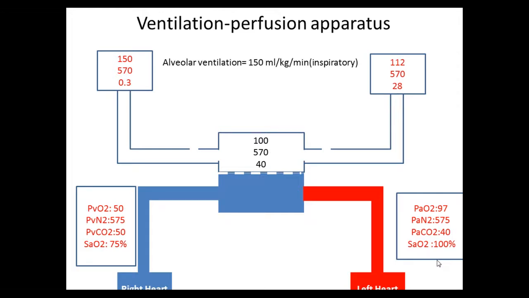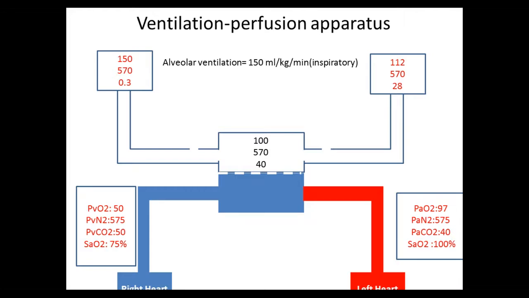The alveolar ventilation is 150 ml per kg per minute in neonates. In the normal neonate, with each breath, there's about 4 to 6 ml per kg of air inhaled.